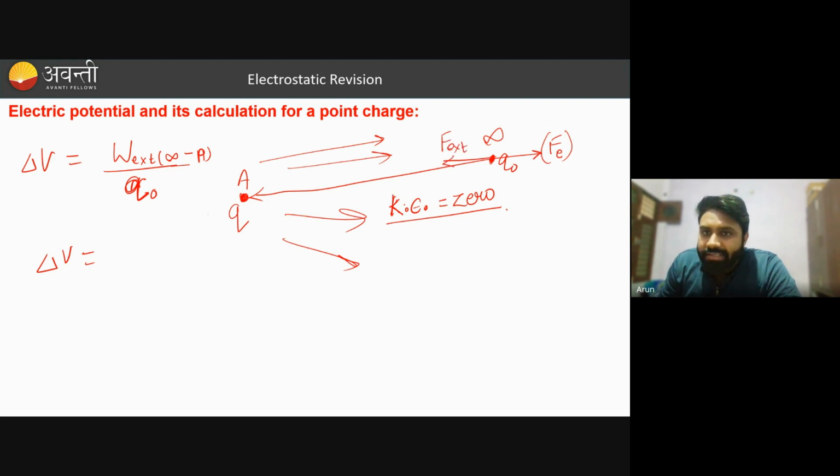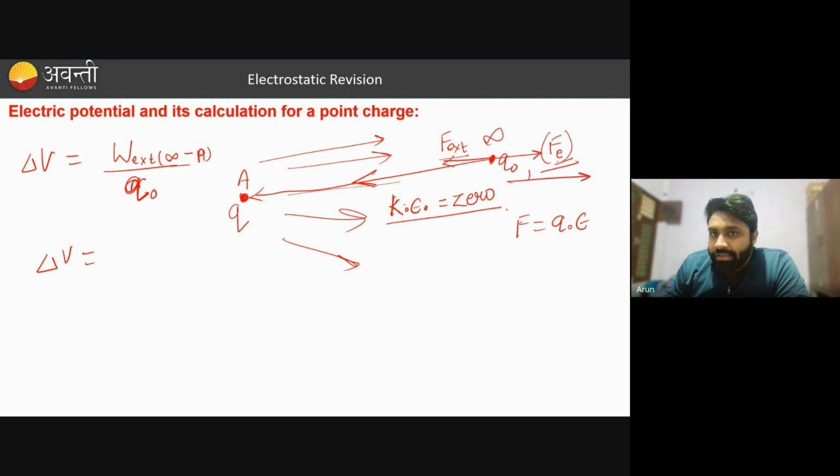So we replace it by F electric, because we do not know the value of F external, but we know the value of F electric, which is given by Q into E. But if you see, the displacement is in this direction and the force F electric is in this direction.